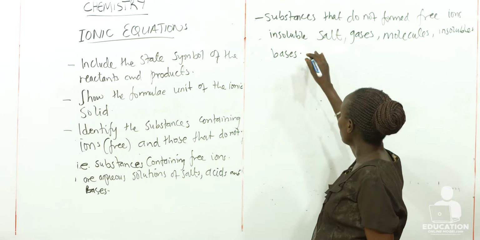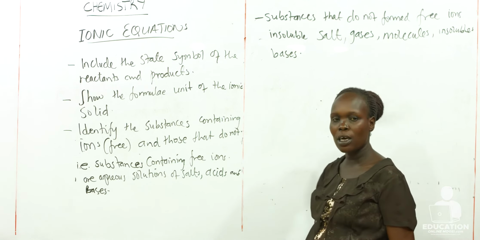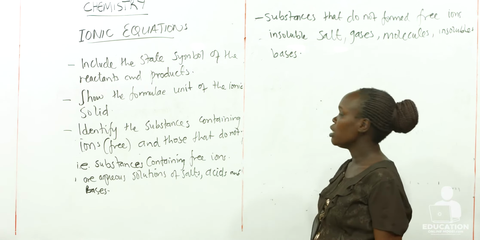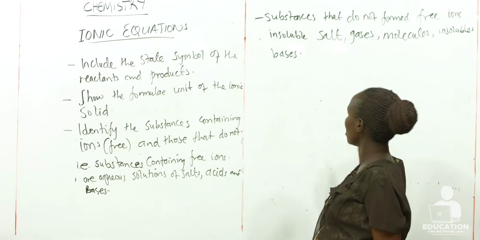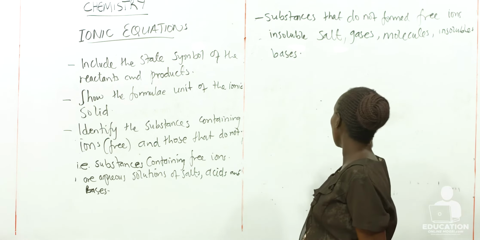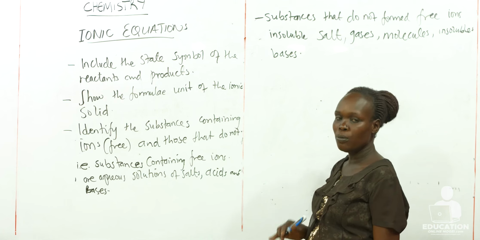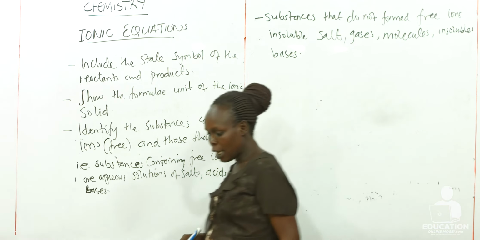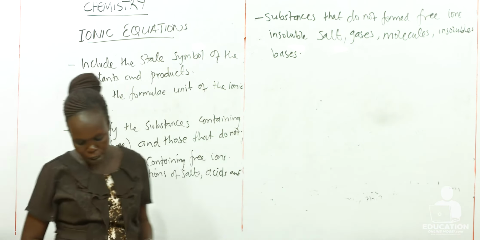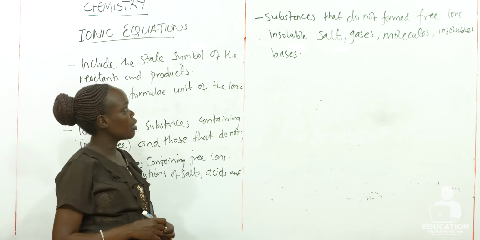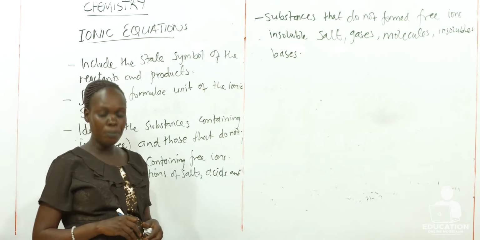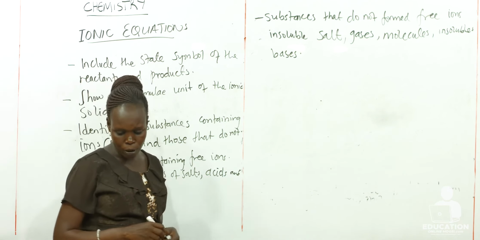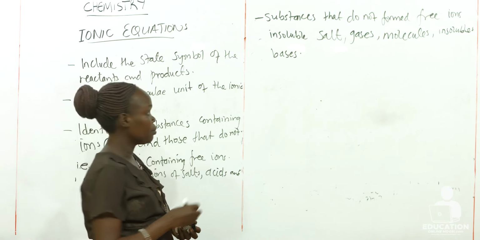Also, those which do not form free ions are insoluble salts, insoluble bases, gases and molecules. So learners, you have to remember all this when you are dealing with ionic chemical equations.